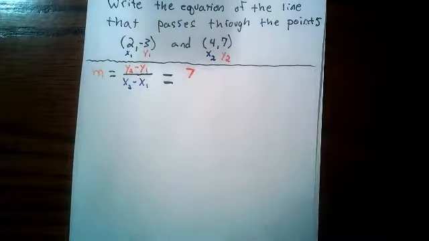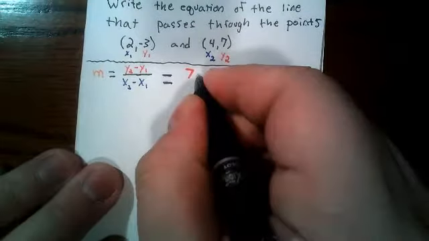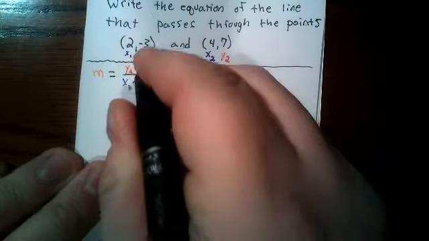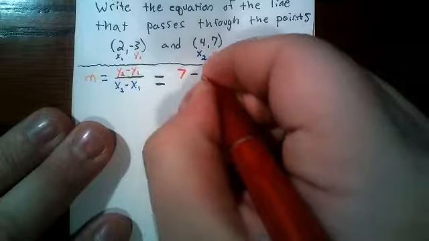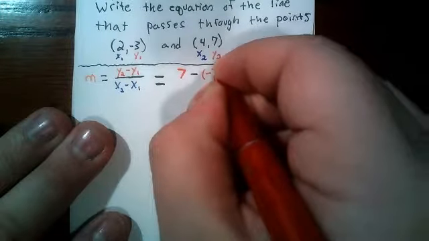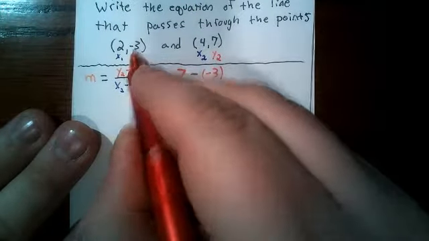Again, my y's are in red and my x's are in blue. We have 7, and we are subtracting y2 minus y1. So we're subtracting -3. Right, 7 minus -3. Not just -3, minus -3.